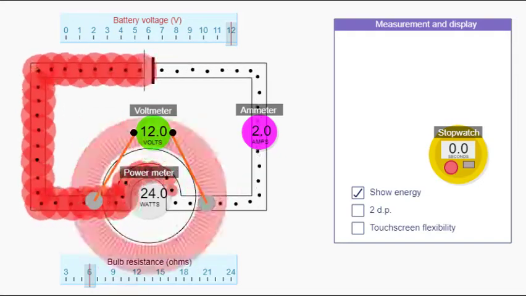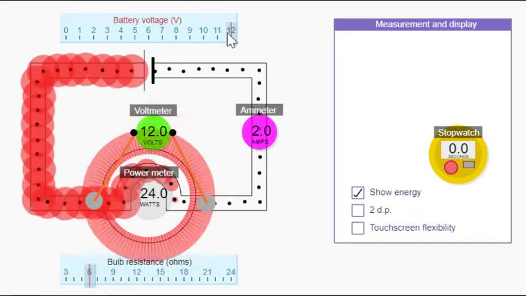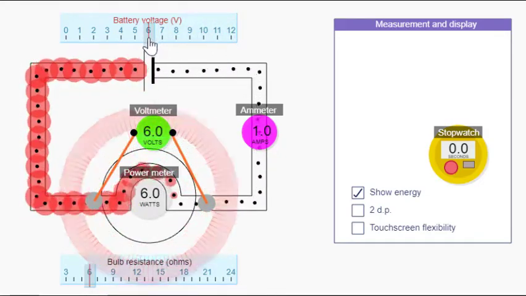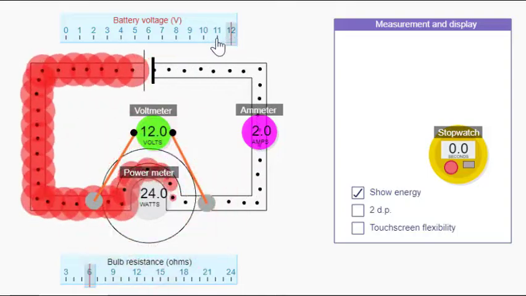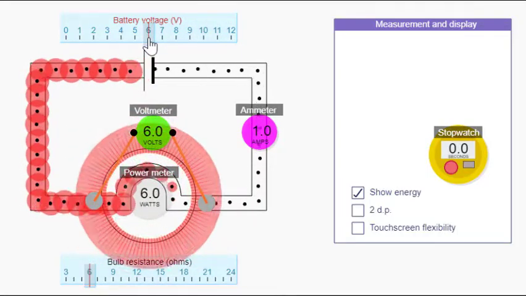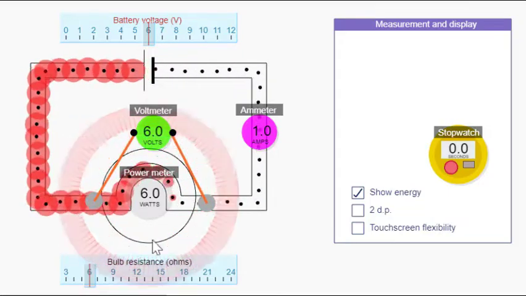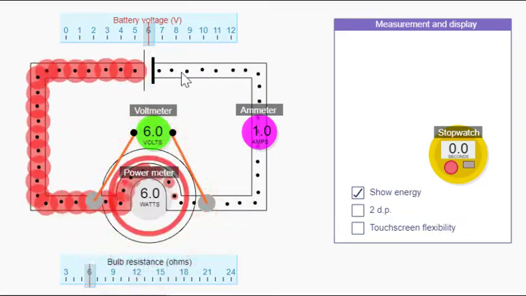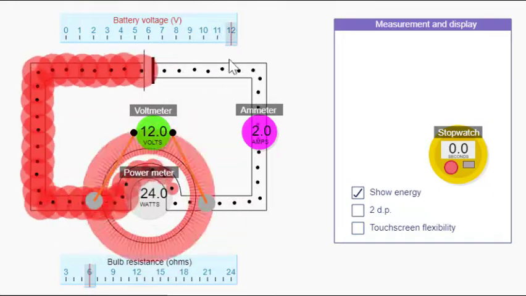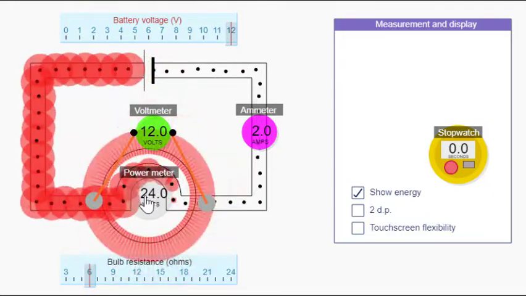Notice that doubling the battery voltage from 6 volts to 12 volts doesn't double the power. It quadruples it from 6 watts to 24 watts.